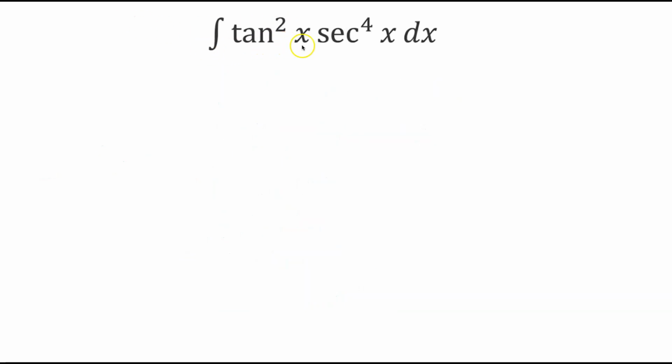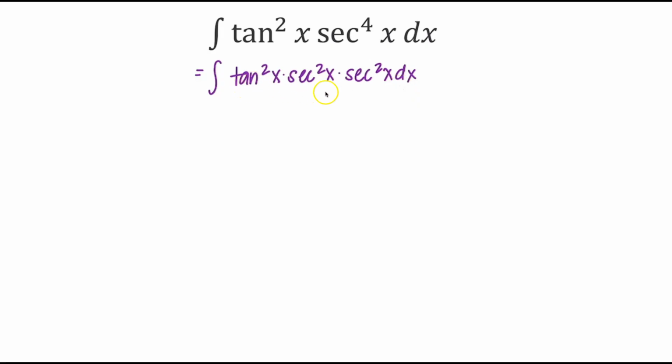Now let's integrate tangent squared x times secant to the 4th x. On this one, we are going to save a copy of secant squared x. So we rewrite this as tangent squared x times secant squared x times secant squared x dx. Again, we want secant squared x dx, the thing we saved, to be du, so our u is going to be tangent.